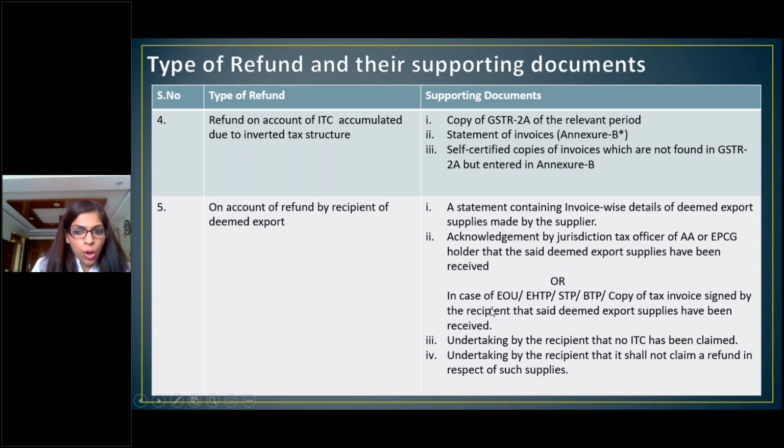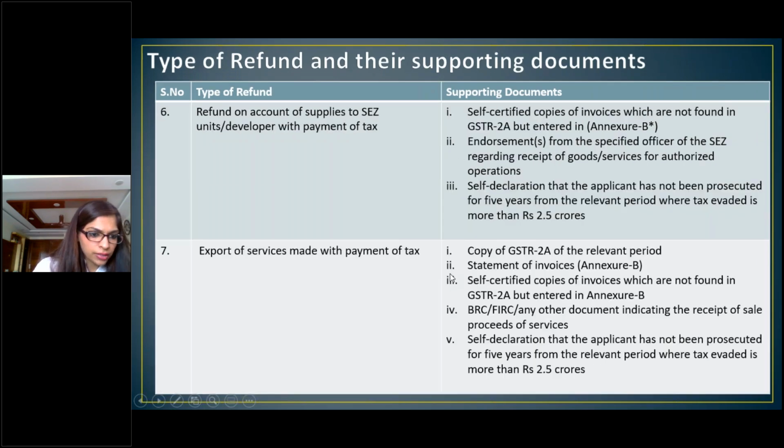These two documents, or EOU, STP, EHTP, BTP, copy of tax invoice of the supplies received by them, an undertaking by the recipient that no ITC has been claimed, that you have not claimed any ITC, and an undertaking by the recipient that it shall not claim a refund in respect of such supplies. So all these declarations, all these documents, and then you can go ahead with the claiming of refund.